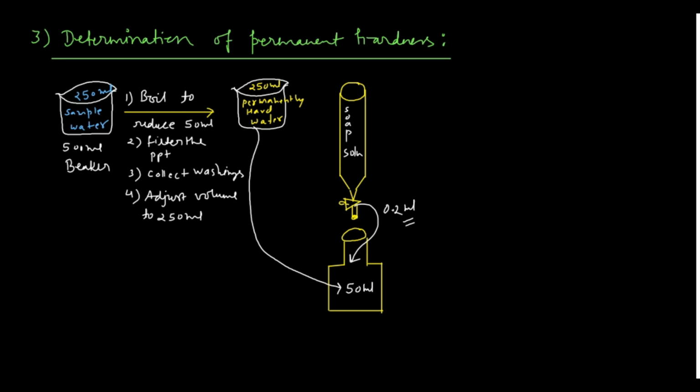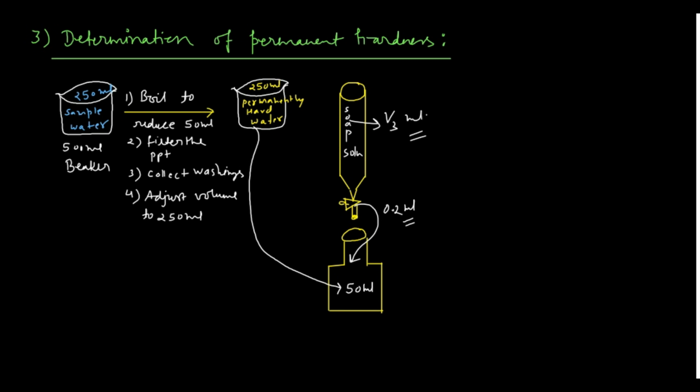And again I'll apply the same procedure which I explained for step 1 and step 2, until my lather persists in the glass stoppered bottle for at least 2 minutes. I will stop the reaction and note this volume of the soap as V3 ml.